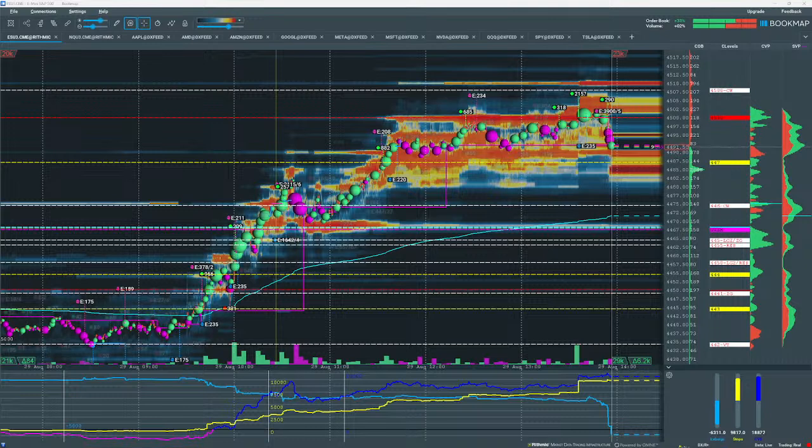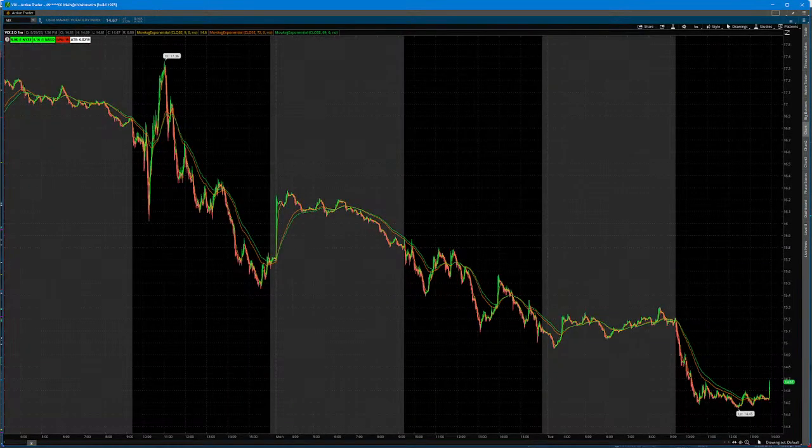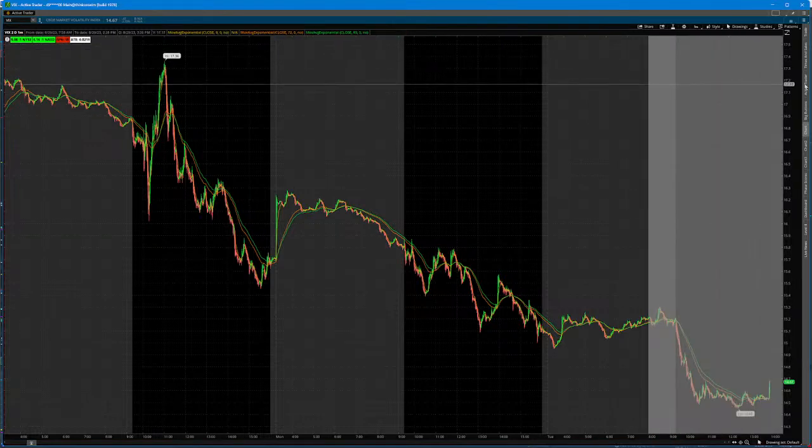All right, so bonds are also moving higher today, so yields are moving lower, and that is certainly helping to drive large cap tech higher. I see the TNX here is moving lower. Let's take a look at one other thing here. Here's VIX. Take a look at VIX for today.